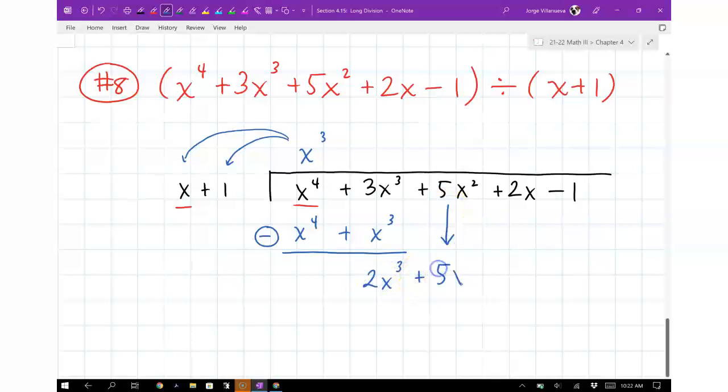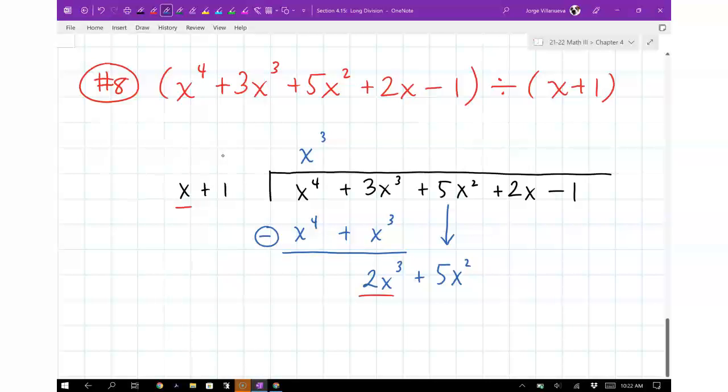And drop your next term. So plus 5x squared. So focus on the first terms again. X has to become 2x cubed. What do I multiply x by in order for it to become 2x cubed? Think about that.